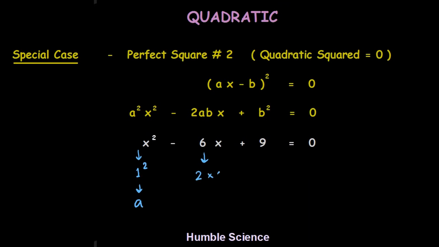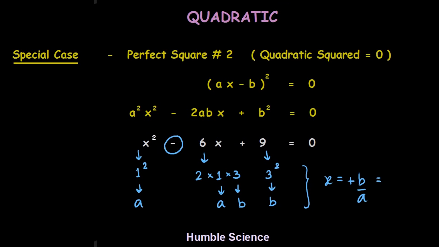That means it is 2 times 1 times 3. So a is equal to 1, b is equal to 3. And the third term is 9. So it is 3 squared. That means b is equal to 3. Notice that we have a negative sign over here. So x is going to be equal to plus b over a. And the answer is 3.